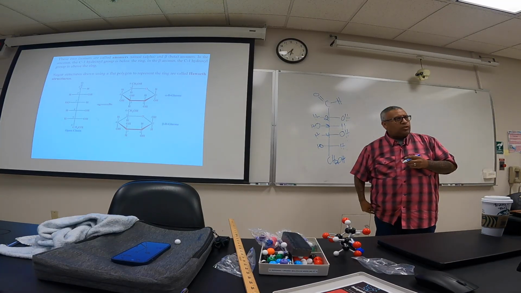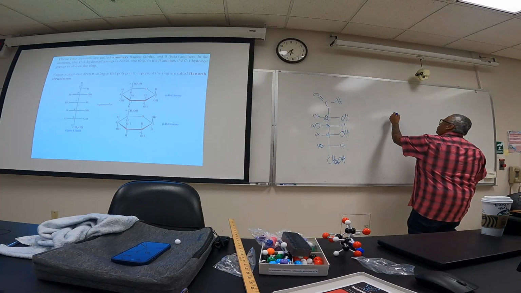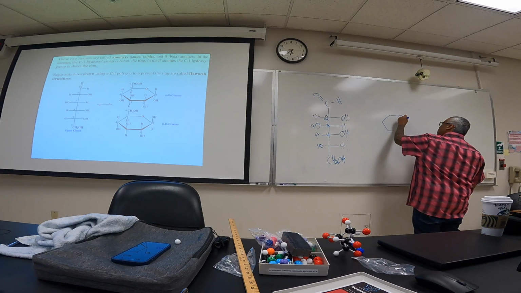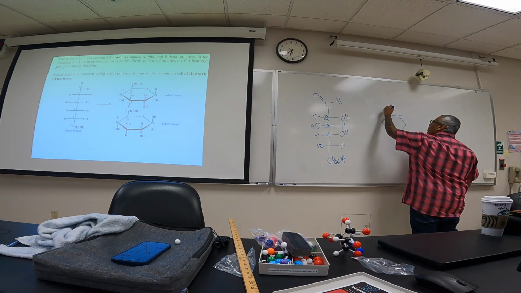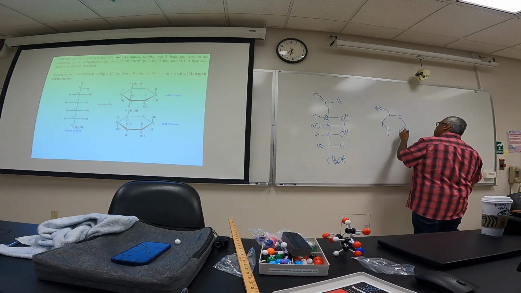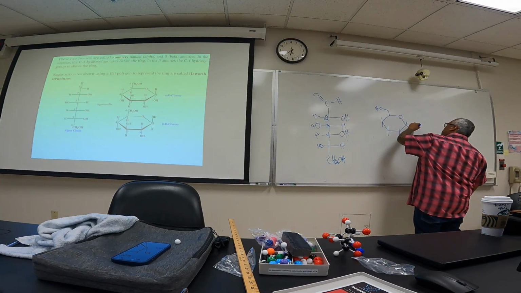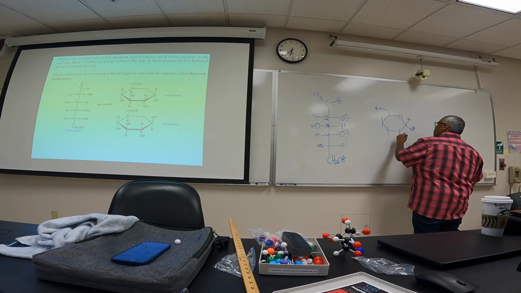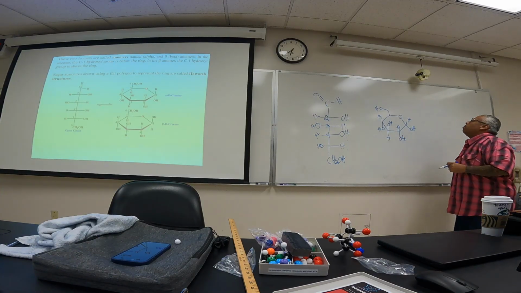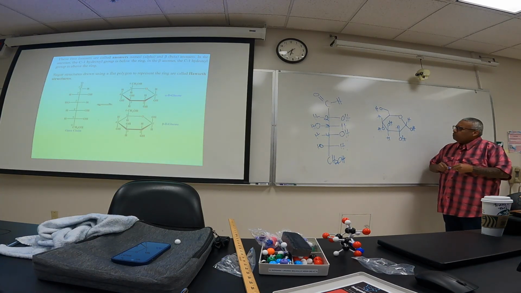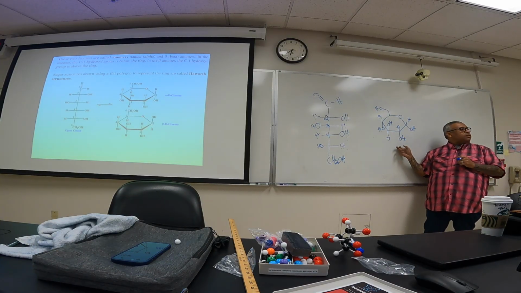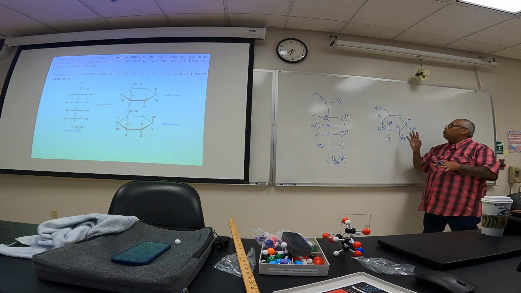As far as the Haworth structure goes, we'll learn how it goes from this to this, because it will. This can transform into this, and this can transform into this, vice versa. And we'll learn that in just a minute here.